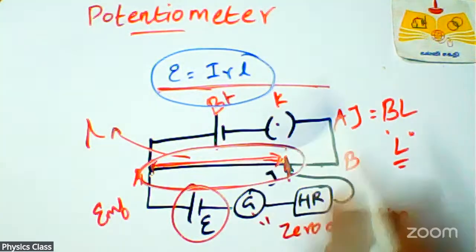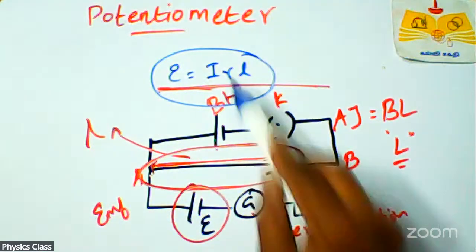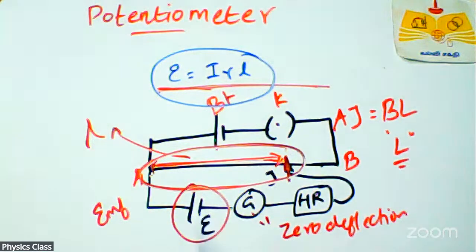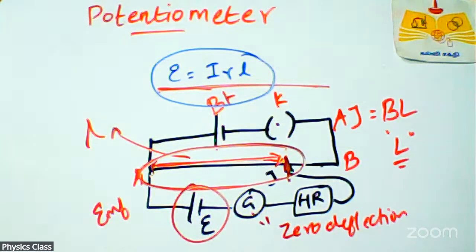Here I means the current flowing through the circuit, R means the resistance, and L means the balancing length. I is the current flowing through the wire, R is the resistance, and L is the balancing length. This is the basic definition of the potentiometer.